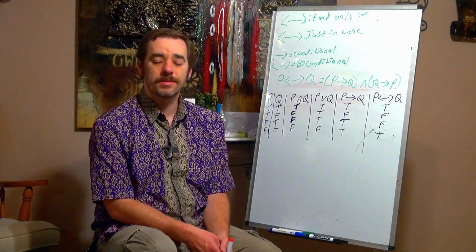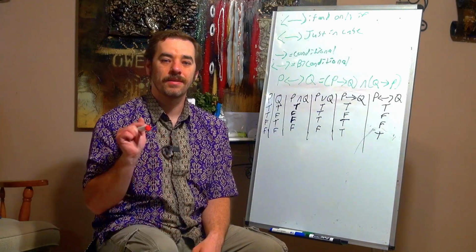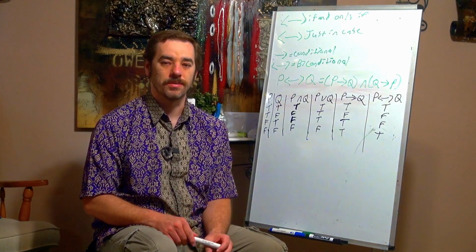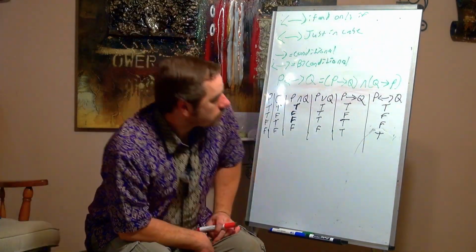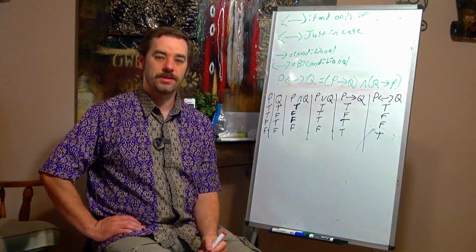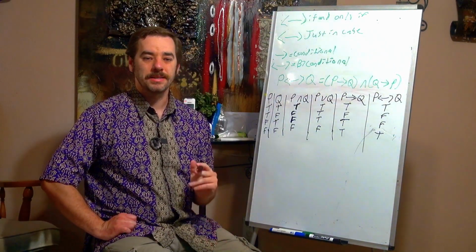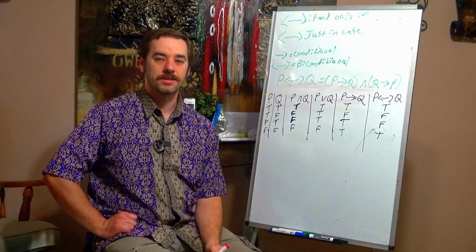Now, when it comes to the biconditional, it's only true if the two components are in truth agreement. So if the two things agree. So let's go through that. What I've got here is a truth table. This is a method of determining the validity of an argument based off of the truth values of the different things.